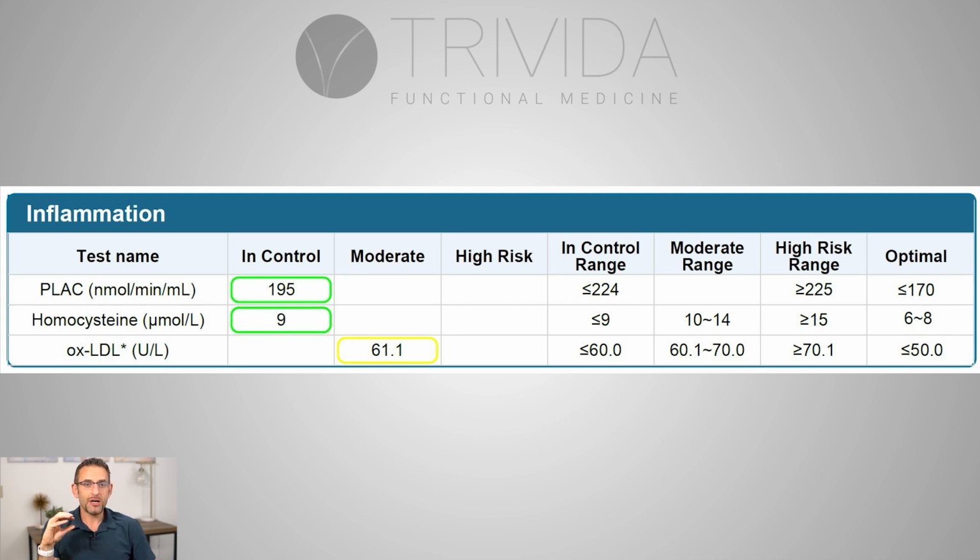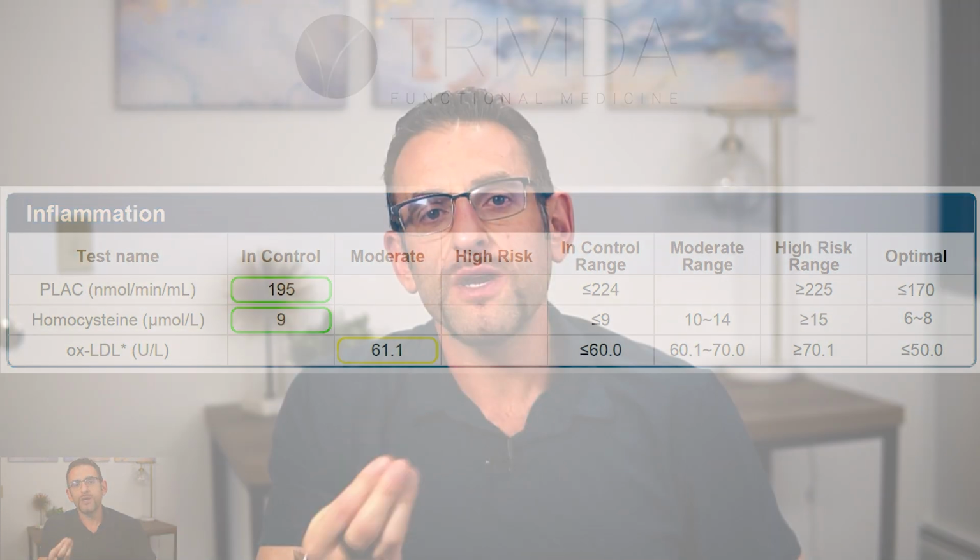But that's a sign that her cells, and your cells, are not working as efficiently or as effectively as they could. Generally, one big reason I see this happening is a lack of B vitamins, specifically methylated B vitamins. If you go back, you remember that this person had low B12.